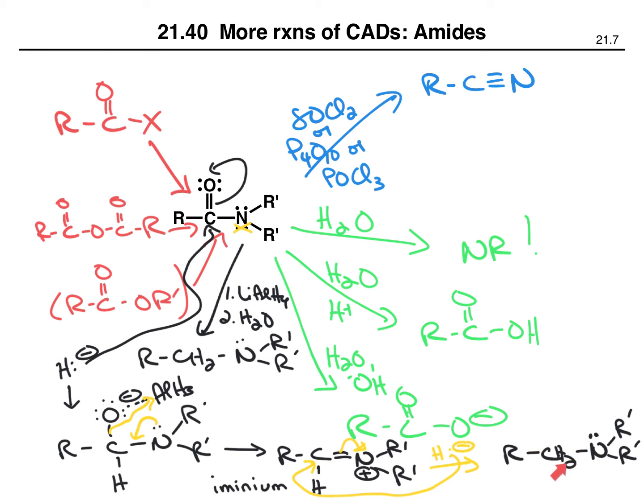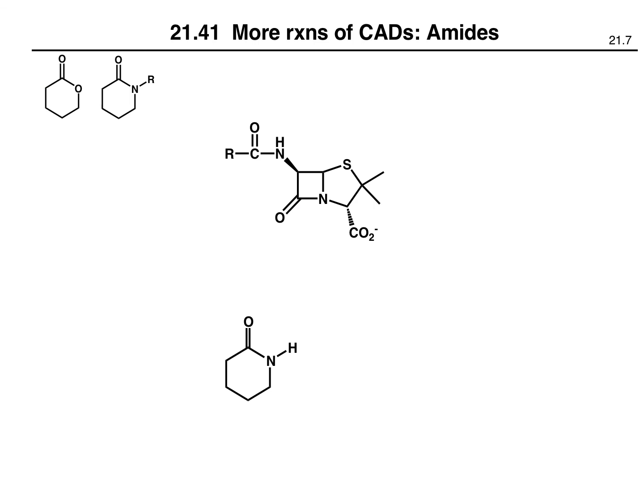So two hydrogens were added to the carbon, and both of those hydrogens came in the form of hydride ions. So amides can be reduced to amines. So just a little bit more to consider in terms of amides. Just a moment ago, we saw that a cyclic ester is called a lactone. Well, we can also have a cyclic amide, and this is called a lactam.